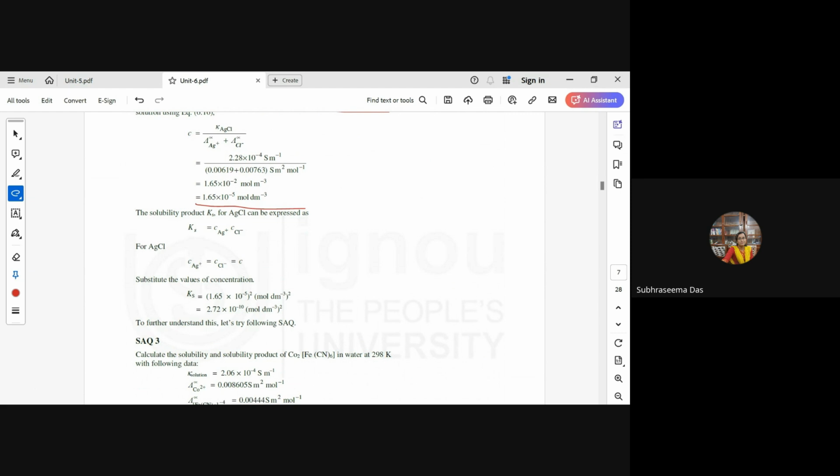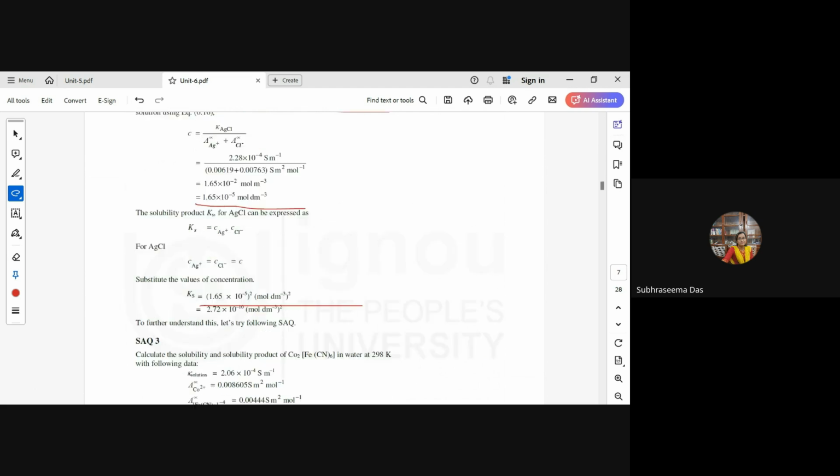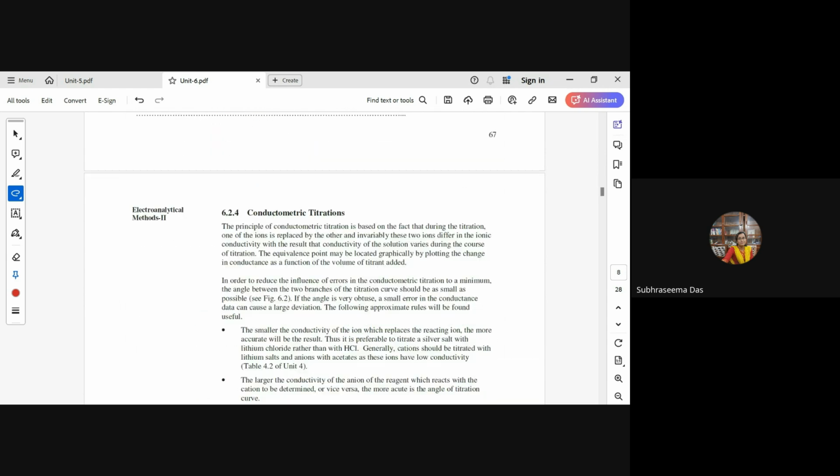Substituting the values, the solubility product for AgCl is equal to C square, that is, 1.65 into 10 to the power minus 2 whole square, which gives rise to this. This is how solubility product can be measured from the conductance values.